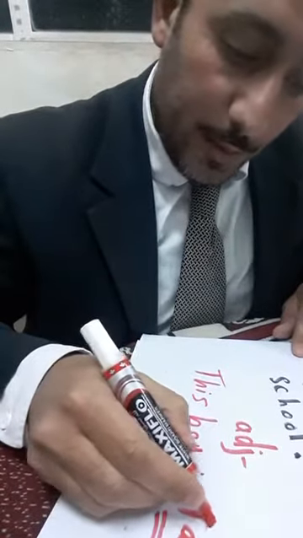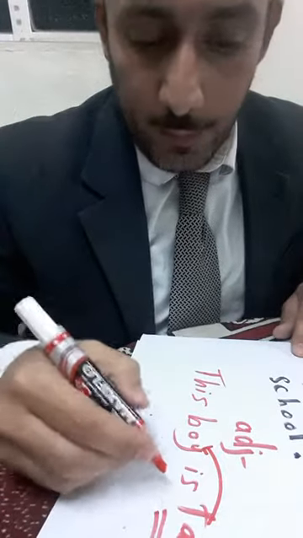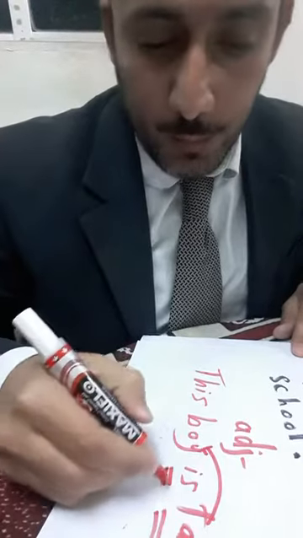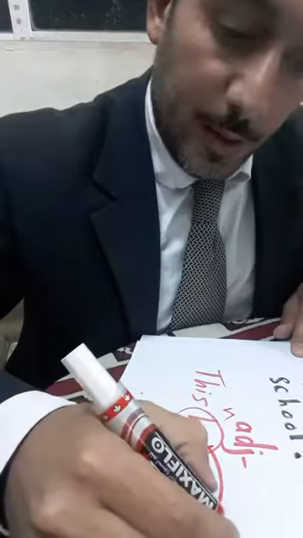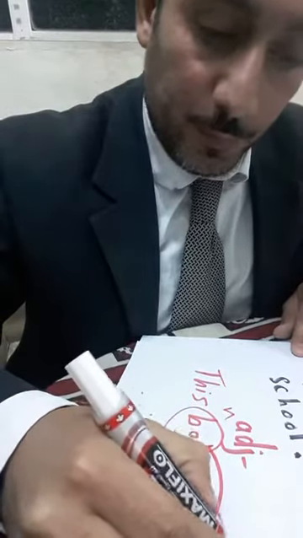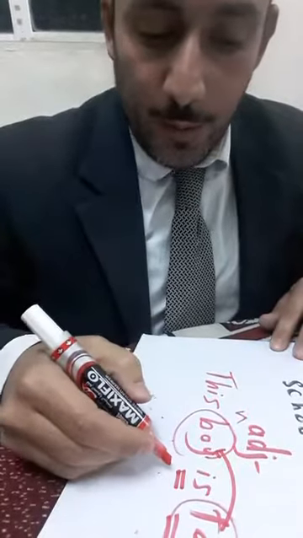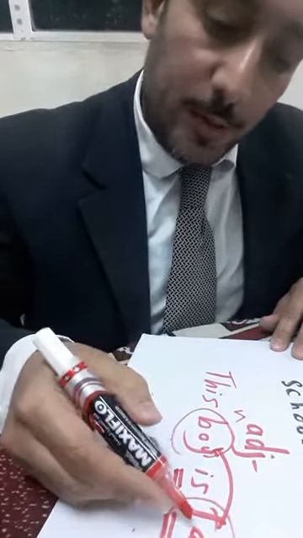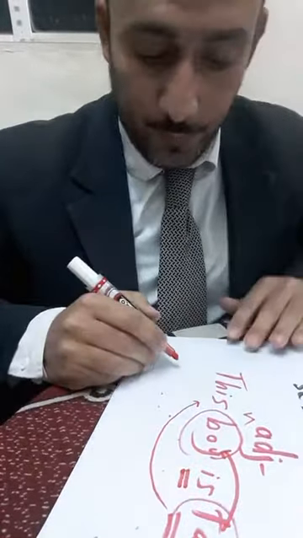It describes the boy. It comes after him because there is a verb to be between the noun and the adjective. If there is no verb to be between them, the adjective comes before the noun.